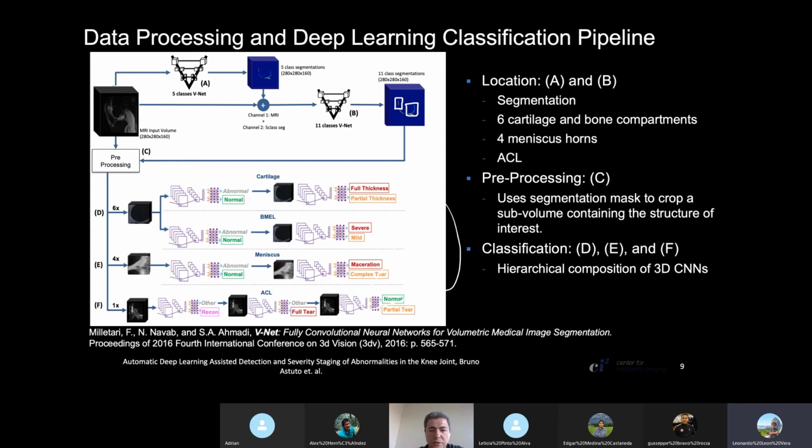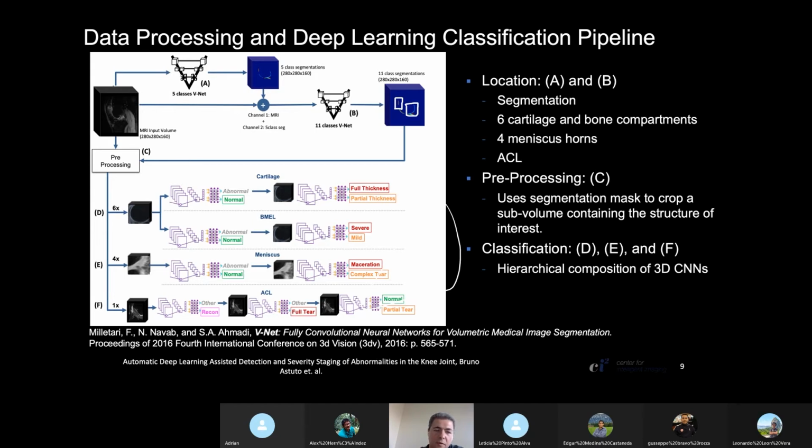Yeah. So I use the segmentations to locate and crop a smaller volume around the femur, for example, or the patella, and then I use this smaller volume to train the classification model. First, I train a step that classifies normal or abnormal.